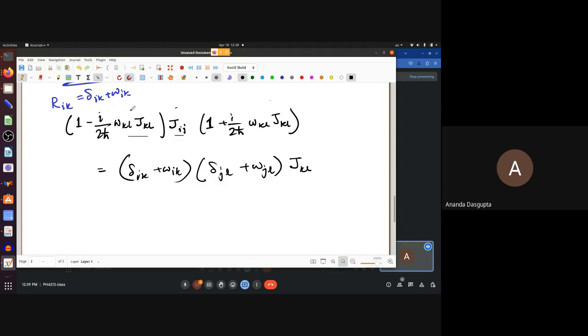What kind of a very familiar thing will you get from here? A commutator or anti-commutator? Come on. If you multiply this in this order and in this order and take both these terms, what do you get?